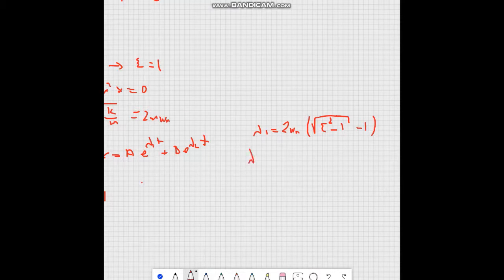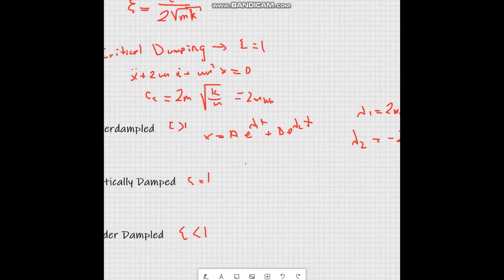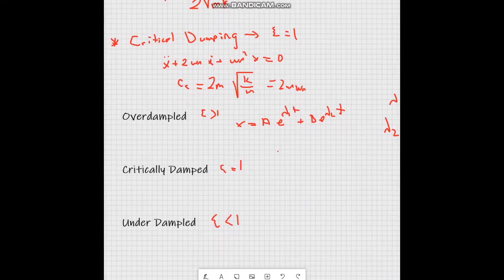And lambda 2 is minus 2 natural frequency, square root of psi squared minus 1, close the square root, plus psi. So this is lambda 1, lambda 2. When you plug in here, you will find the overdamped solution.